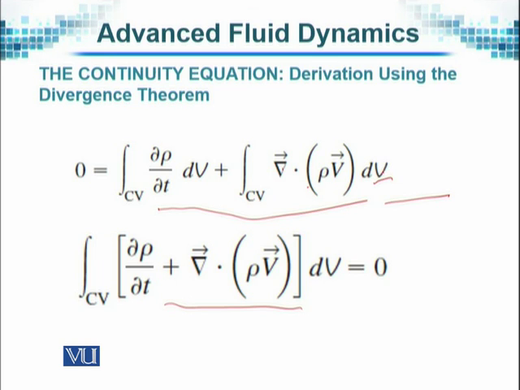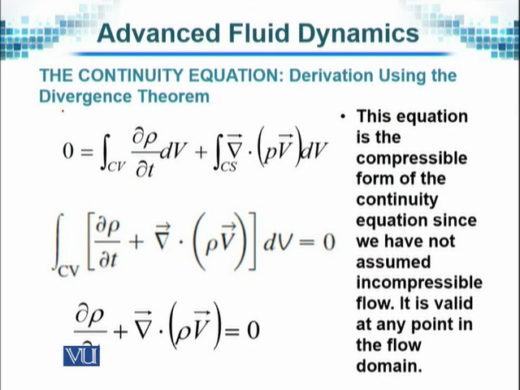The two integrals can be combined together because now both are over the control volume, and that was the advantage of Gauss's theorem, that it related the volume integral with the surface integral. So we combine the two, and the integral over the control volume of delta rho by delta t plus divergence of rho v, into dV, is equal to 0. This 0 has been brought to the right hand side.